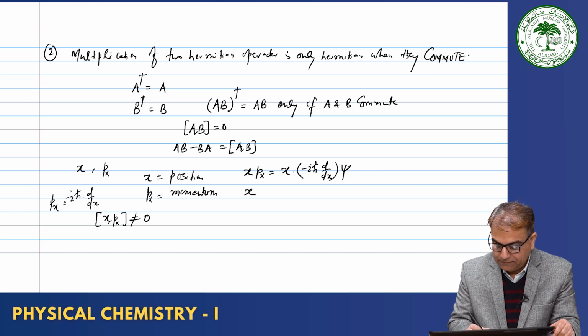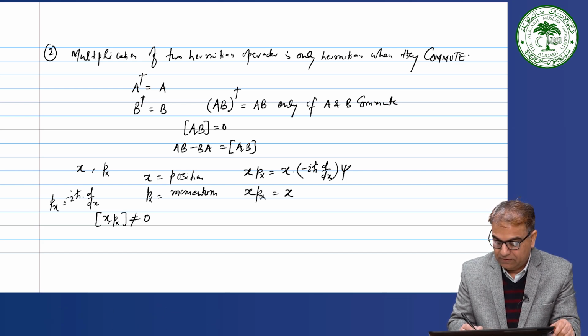So, x Px is x into minus i h cross d/dx of psi. This you have. Then you find out Px into x, that is Px operating on the function x psi.